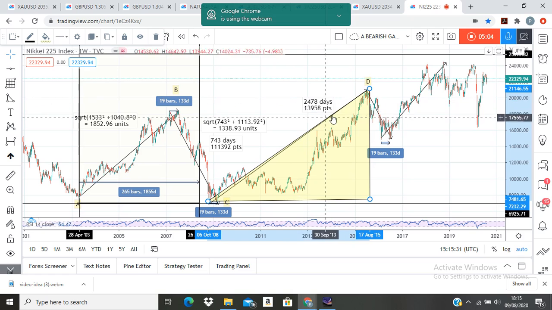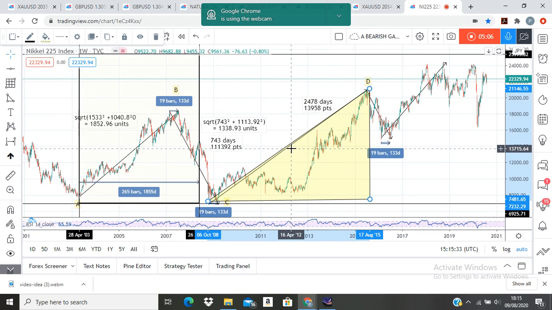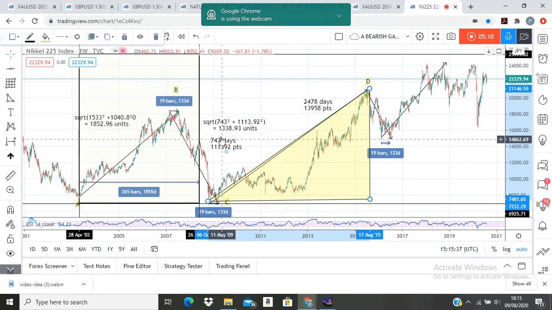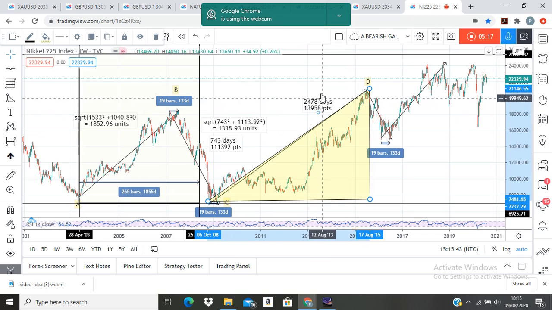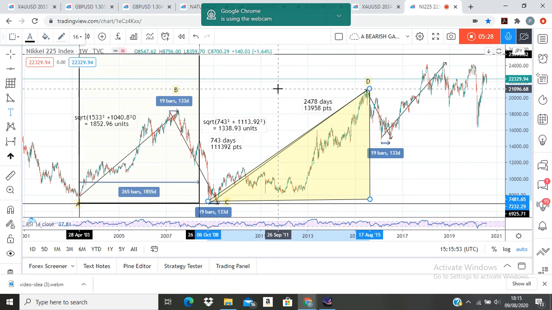So if we divide this by 10, we will have 1395.8. Here also we use the same manner: the diagonal CD will be equal to the square root of 2478 squared plus 1395.8 squared.